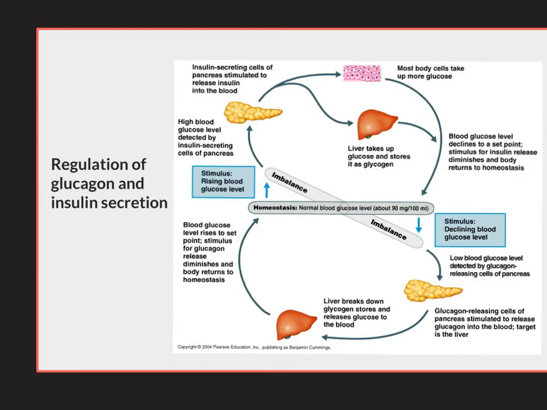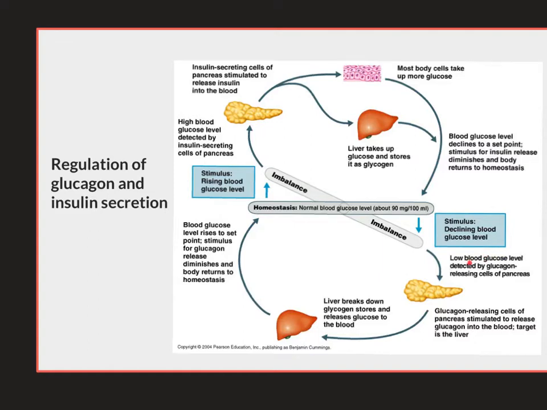Let's take a look at how blood glucose levels are regulated by negative feedback systems, which involve both glucagon and insulin. Let's first take a look at what happens when blood glucose levels are low. So that's the stimulus, and it's detected by the glucagon-releasing cells of the pancreas, which are the alpha cells in the pancreatic islets.